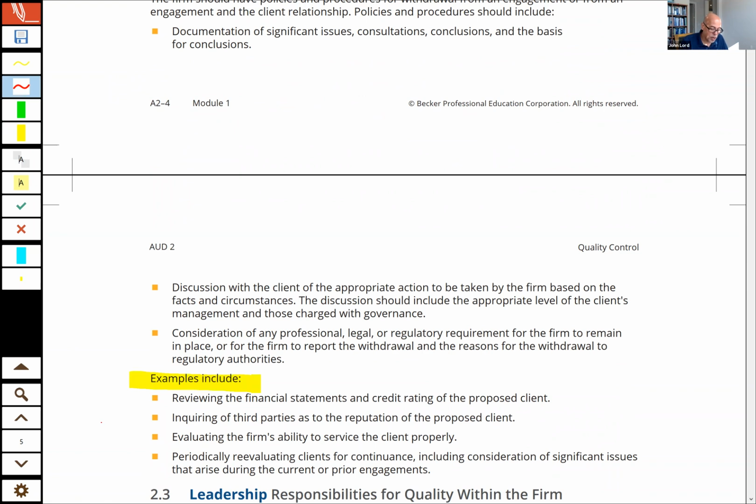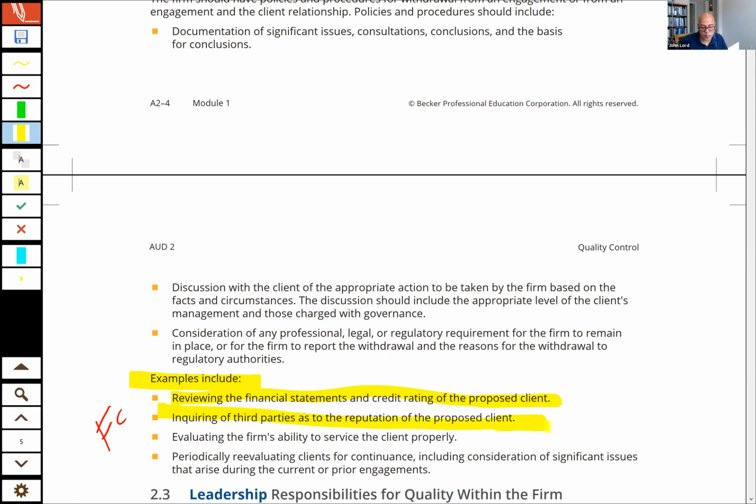And again, our approach is going to be to flashcard the activities under this. So reviewing the financial statements and credit rating of a proposed client, right? What happens? Client doesn't have so great of a credit rating, potential that they may want to engage in some sort of financial reporting fraud to make their financial situation look a little better.